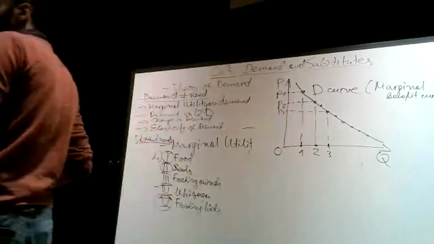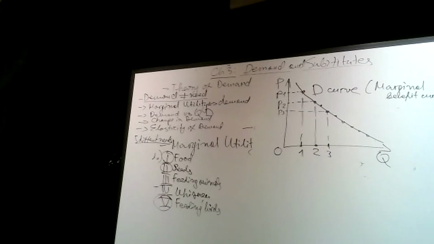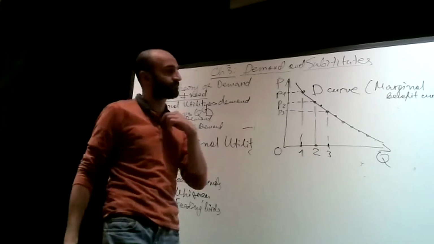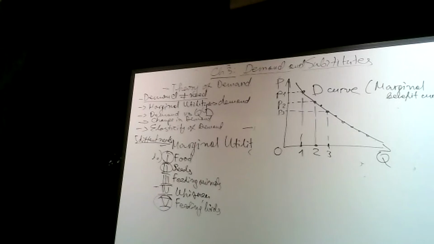And as we keep increasing our possession of the good, marginal benefits decline, and our maximum buying price goes down as well. So this is the demand curve. This is maybe the analytically most precise way to define demand. It's a curve showing the declining marginal benefits from acquisition of a good.